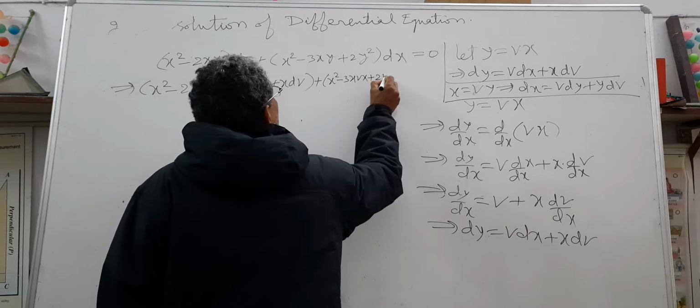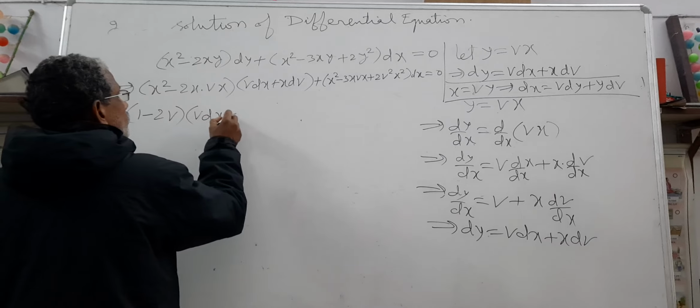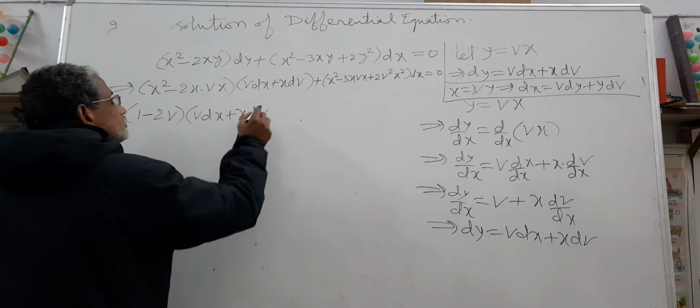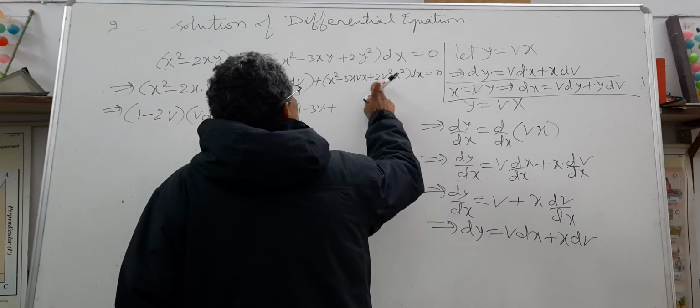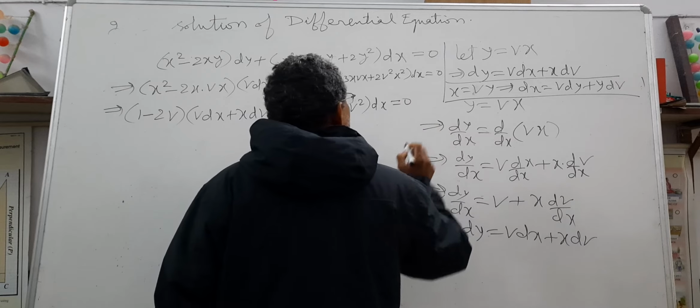This implies 1 minus 2v into V dx plus x dv, plus 1 minus 3v plus 2v square dx is equal to 0.